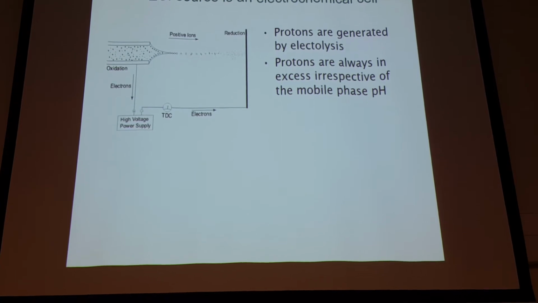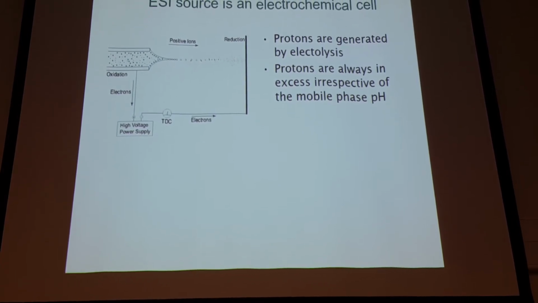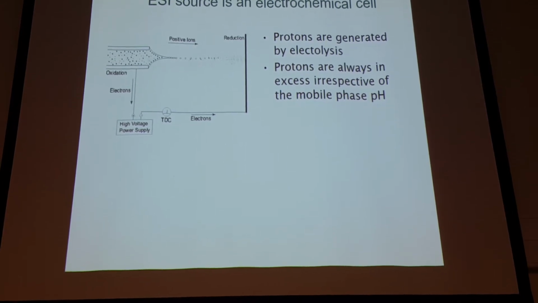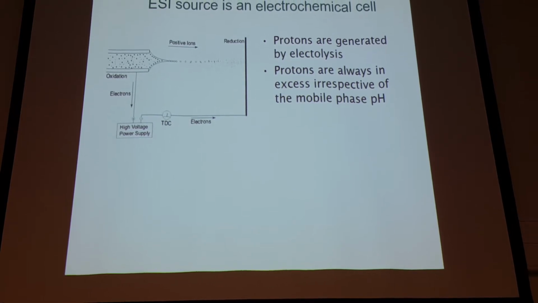So, where do the protons come from? I said that the protonation state is not dependent on the pH of your buffer. Where do those protons come from? Well, they come from here.